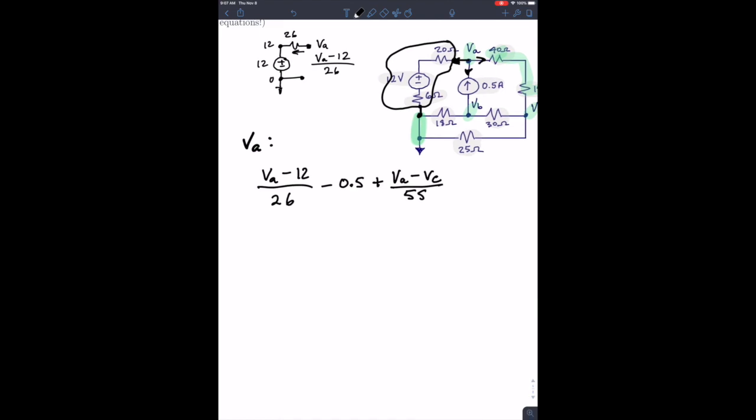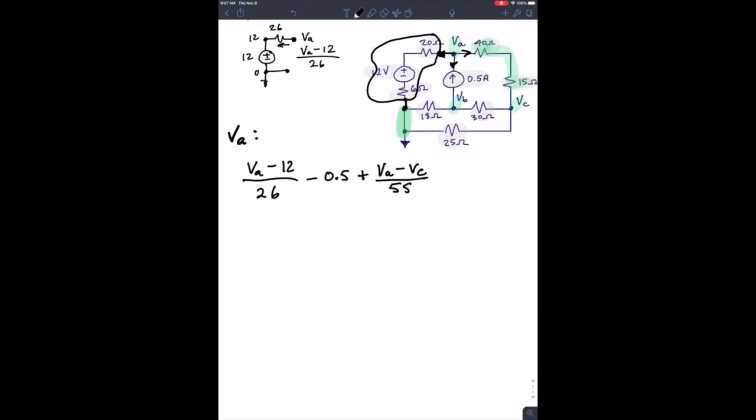We had some problems with people forgetting to make this an equation. You have to have an equal sign for an equation. So the sum of the currents coming out of node VA is equal to 0. The keys here are finding the equivalent resistance and voltage combination for each branch.